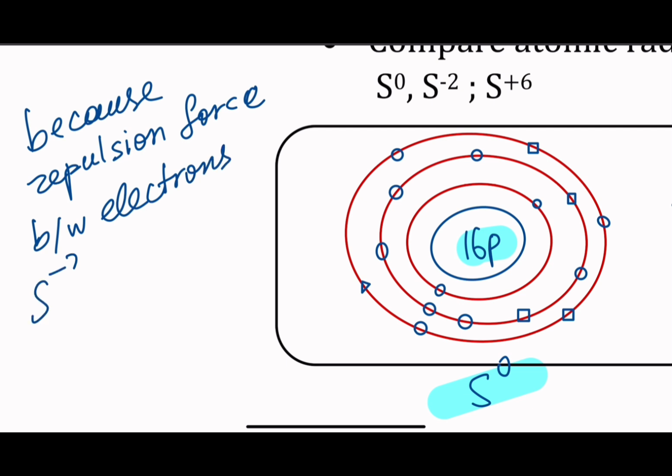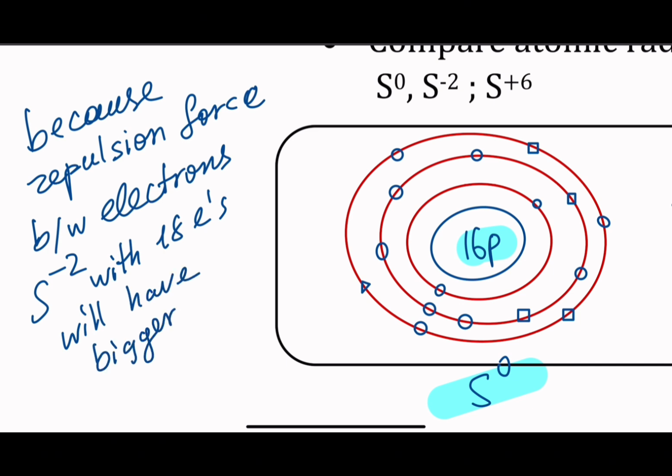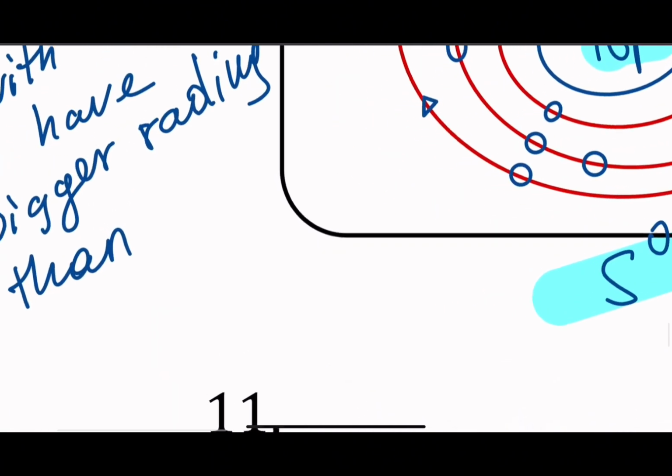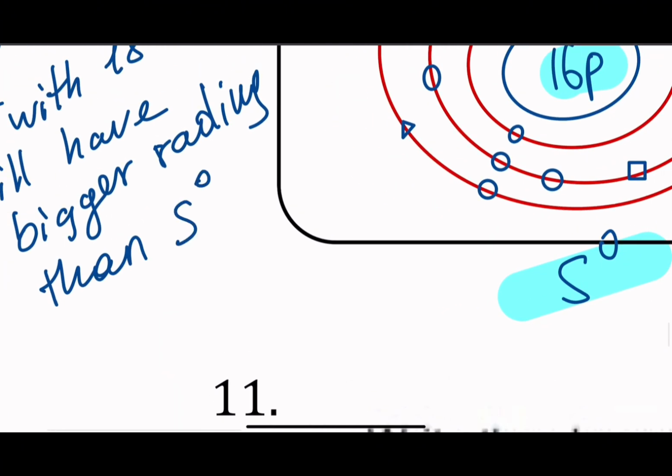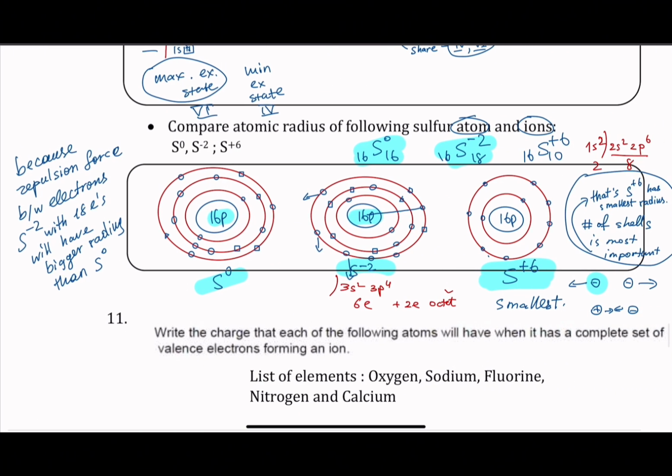S negative 2 with 18 electrons will have a bigger radius than S0. And that's that.